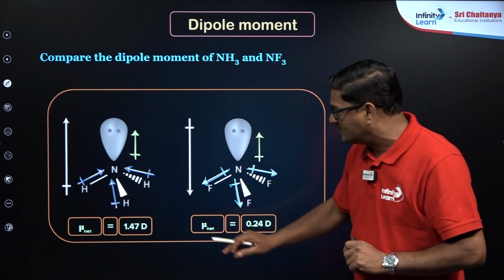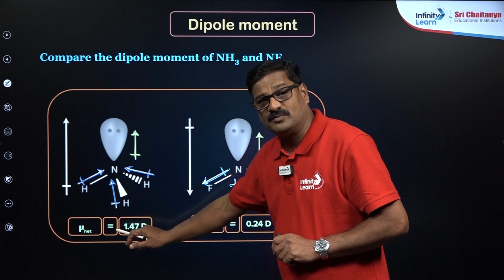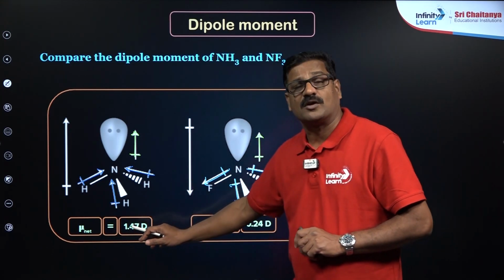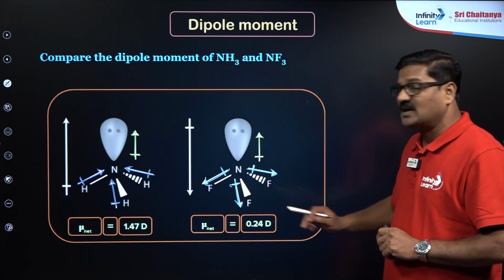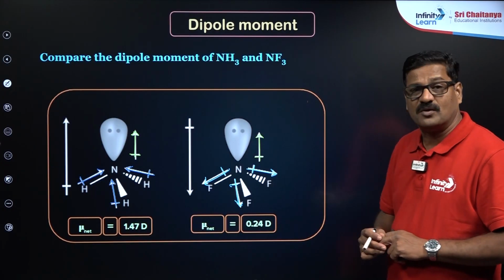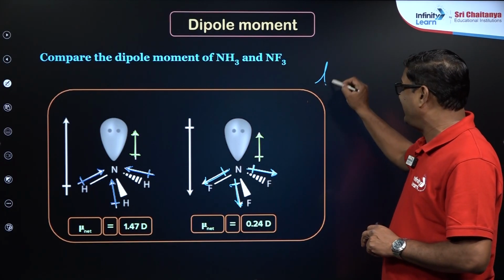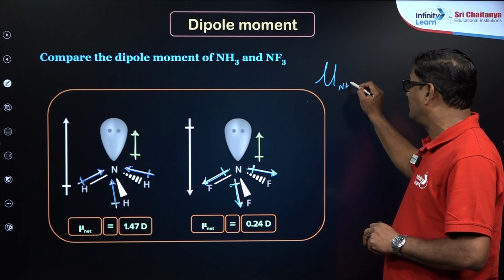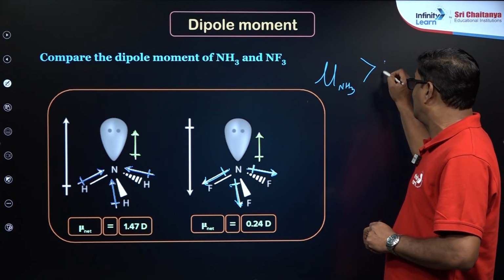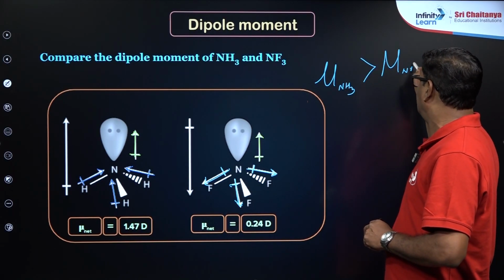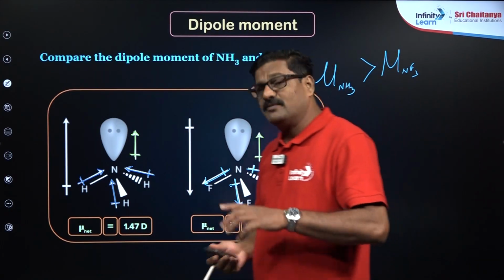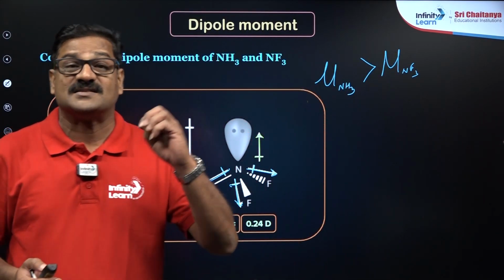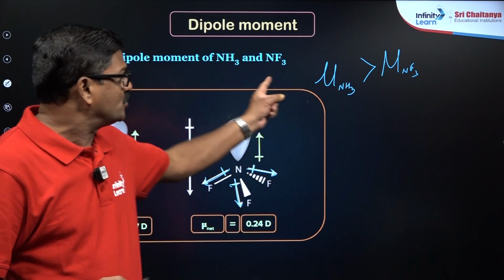That's the reason why the resultant dipole moment of ammonia is 1.47, and the resultant dipole moment of NF3 is 0.24. I want to say here the dipole moment of NH3 is greater than the dipole moment of NF3. This is a very important point, as you can expect NCERT based NEET type questions here.